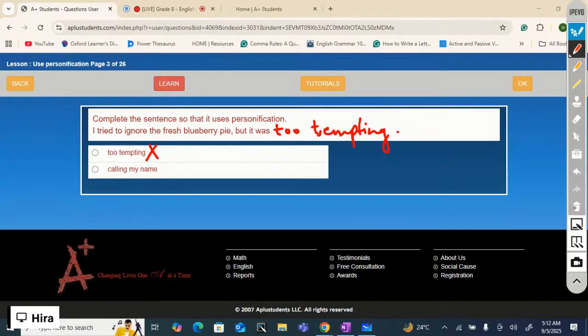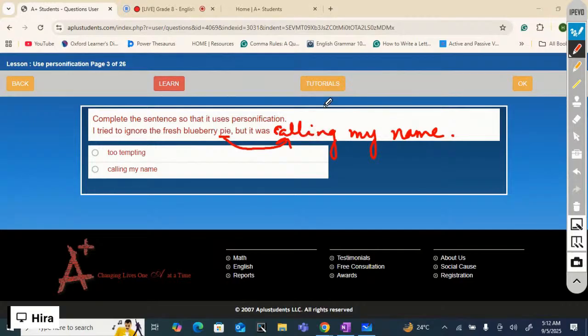Okay, if you add the words "calling my name," "I tried to ignore the blueberry pie, but it was calling my name." It was means the pie was calling my name. So if you say the pie was calling my name, it means you are giving a human characteristic of calling or speaking to a non-human thing.